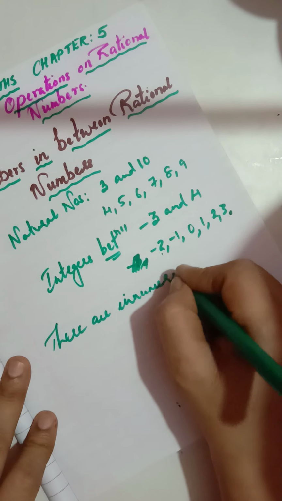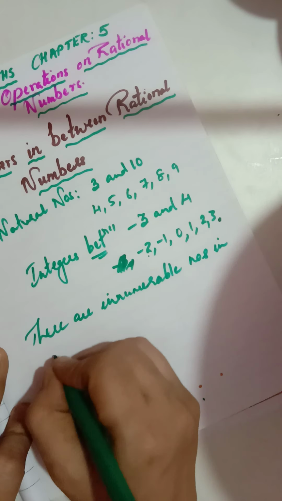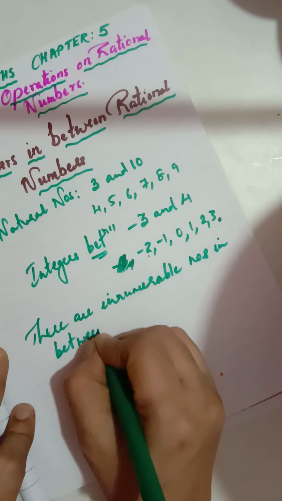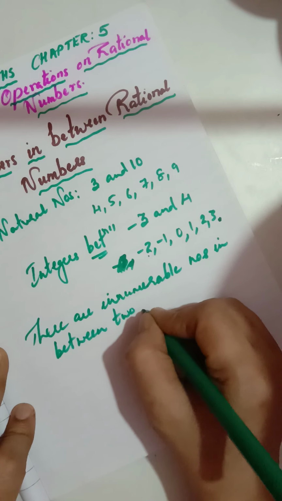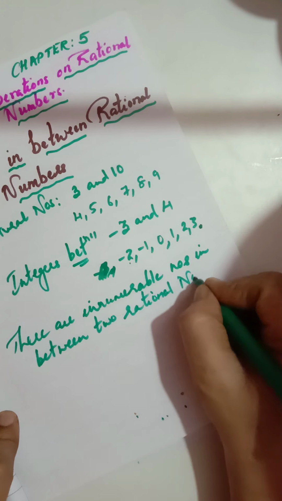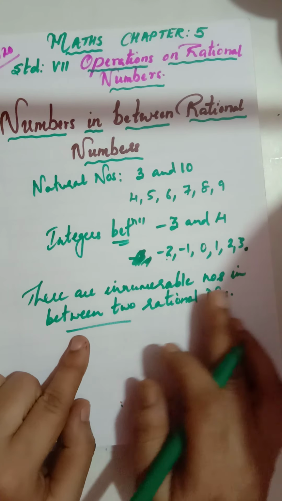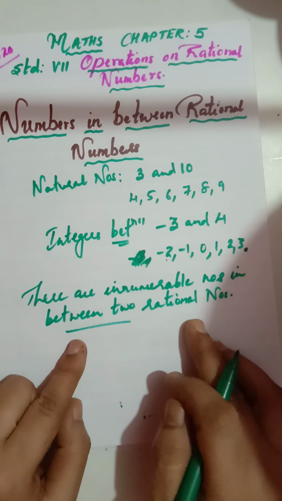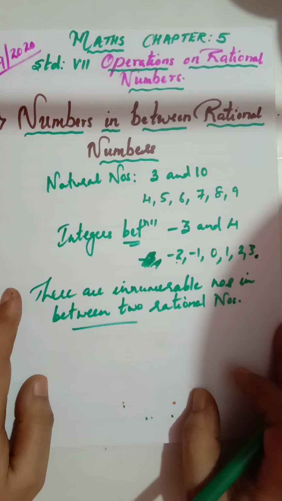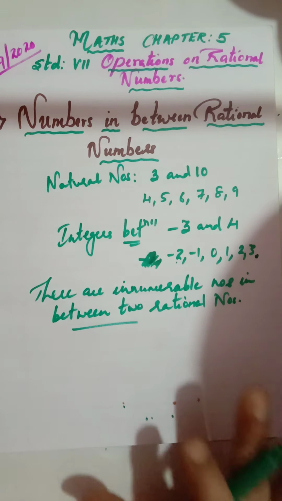Keep in mind children, there are innumerable numbers in between two rational numbers. Okay, this you are going to keep in mind.